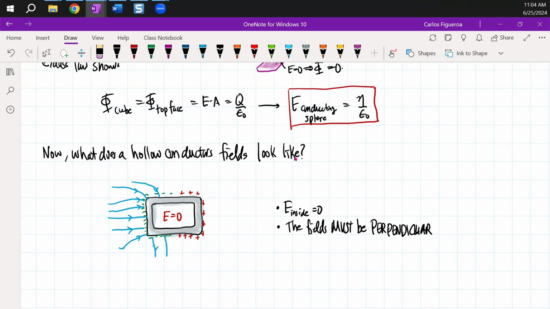Uh-oh, got the wrong direction. And then outside of here, they also have to be perpendicular. And so you're getting sort of like this type of, and it looks something like that.